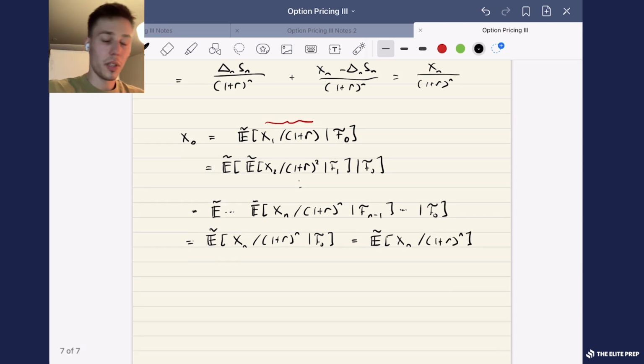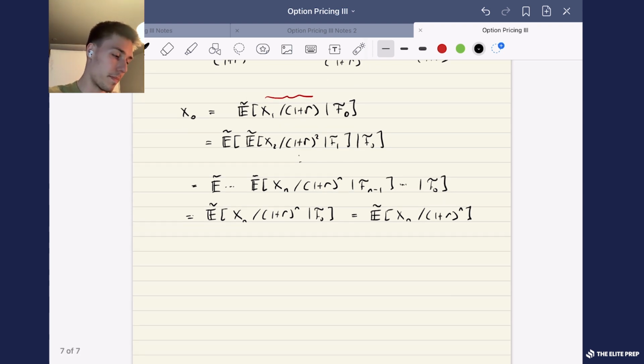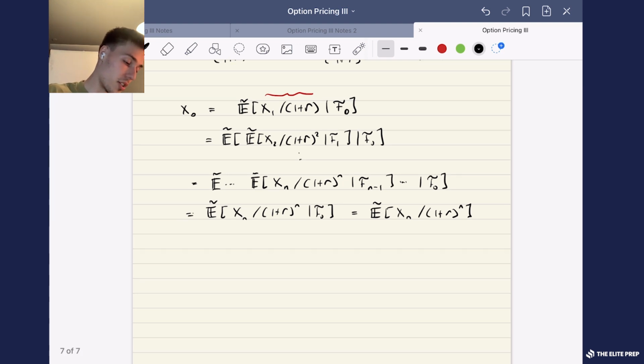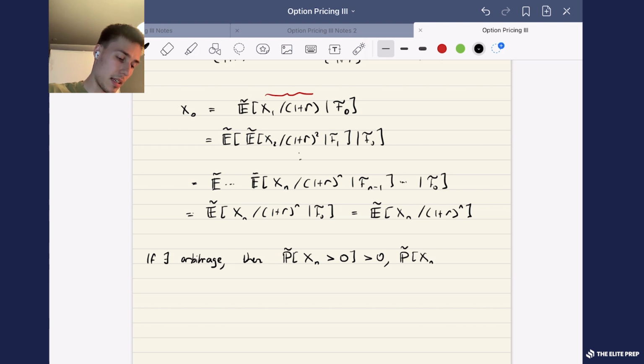and that's just equal to the expected value of xn divided by 1 plus r to the n. To conclude the proof that there's no arbitrage, we notice the following. We assume by contradiction that there is an arbitrage, and we assume this is a trading strategy which creates that arbitrage. Then we know that the probability that xn is greater than or equal to 0 equals 1.